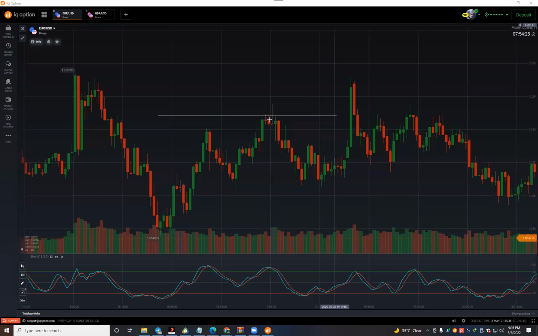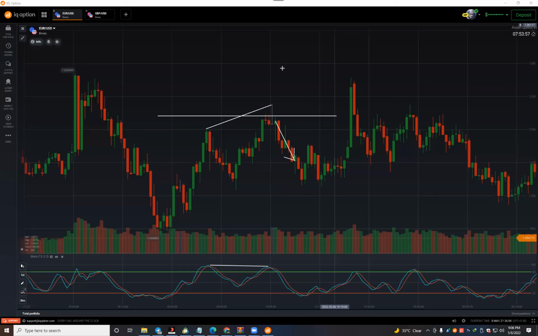How will you confirm? If price reaches this area, then the previous high and this higher high, you can draw and check in the stochastic whether there is any opposition. Then yes, your resistance will work and it will move down for 5 minutes. Got my point?